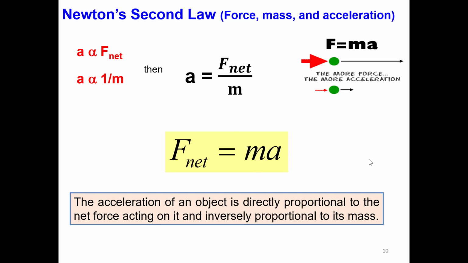If we multiply by mass on both sides, we have this equation. Net force, we multiply by the mass on both sides, this cancels out, the net force, or we can write this one, mass times acceleration.